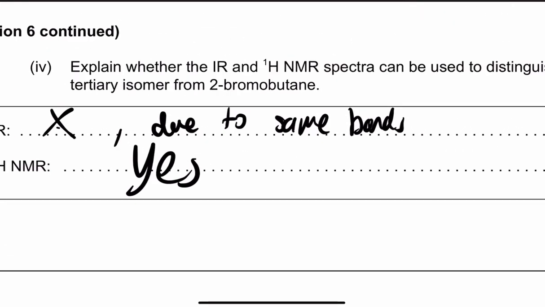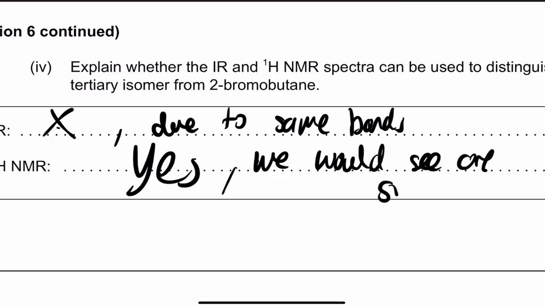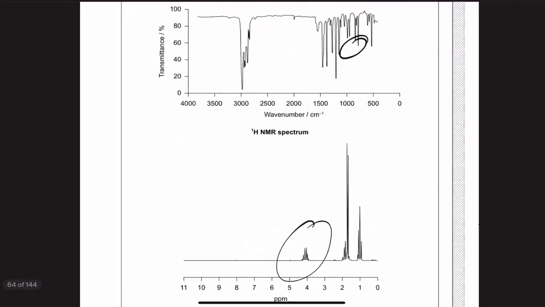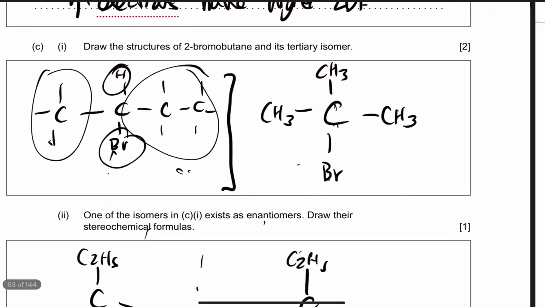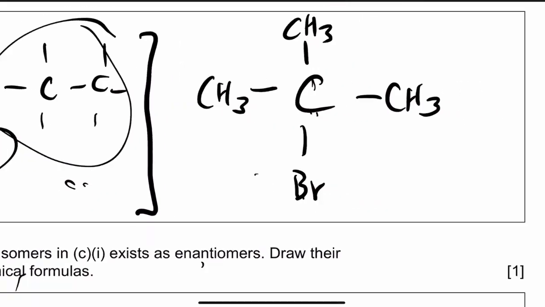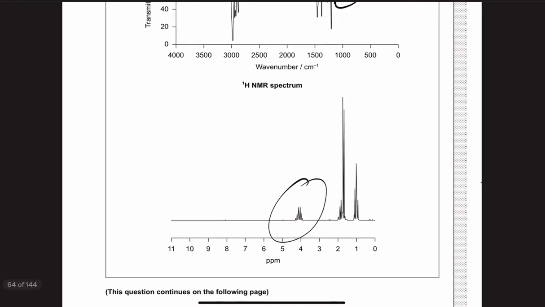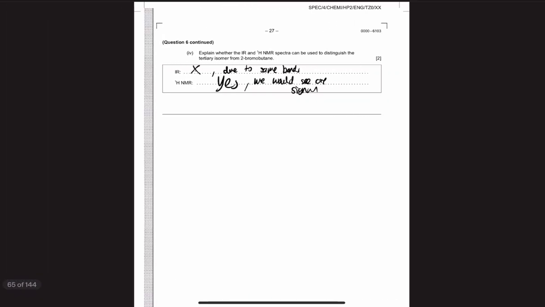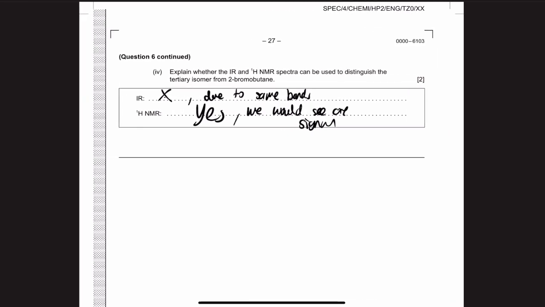Unlike the different groups in the other one, this one only has CH3, CH3, CH3 and then one Br. So we will only see one signal, one peak, and that's what's going to differentiate the two of them. So yeah, I think that's it.